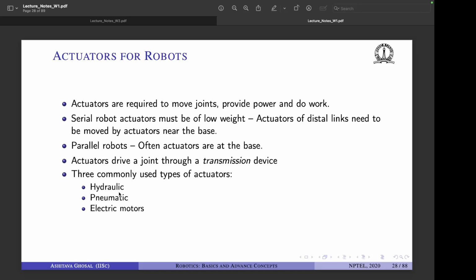Why are electric motors most common and most preferred? Because of their compact size and lack of additional accessories. In hydraulics, you would need a lot of piping, valves, and a whole fluid pressure management system in addition to your basic control of joints.